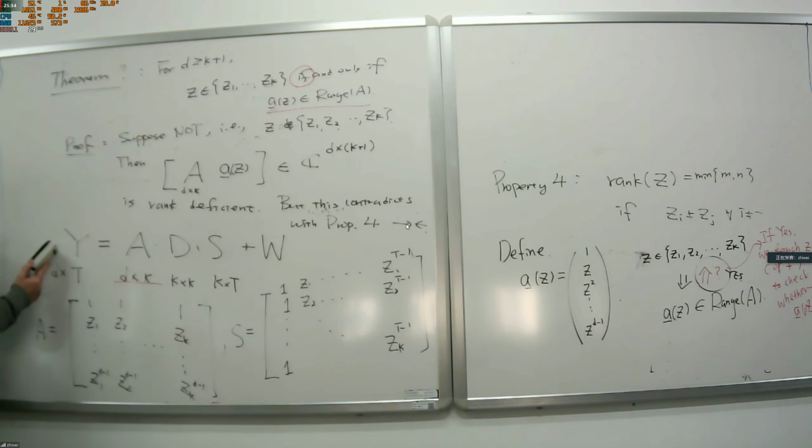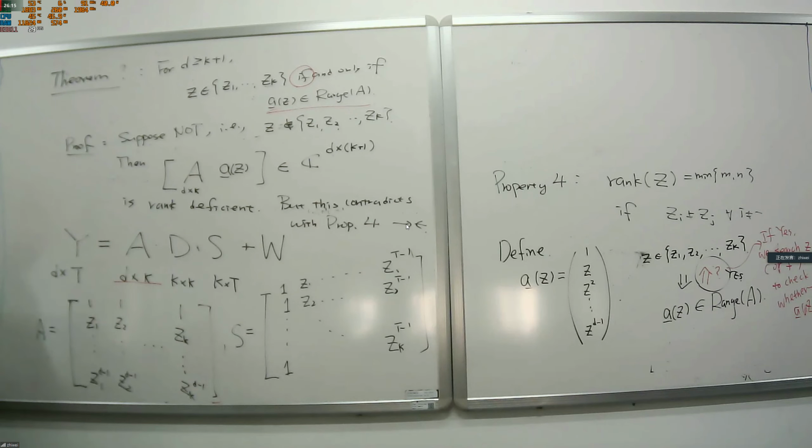So we need to find a way to check whether AZ is in the range space of A without knowing A, because A is actually what we want to find out.